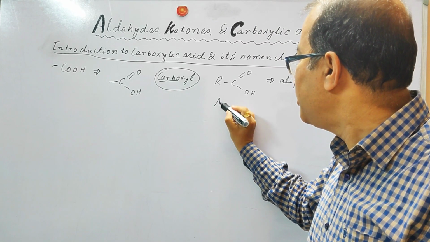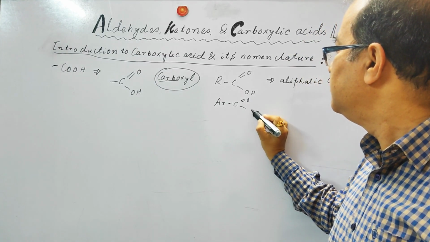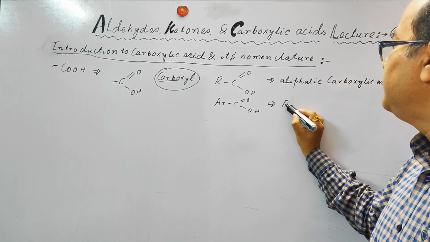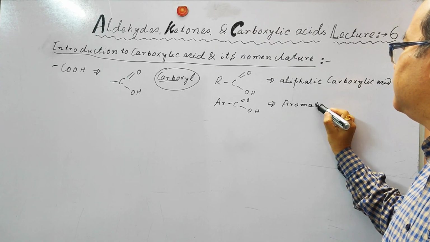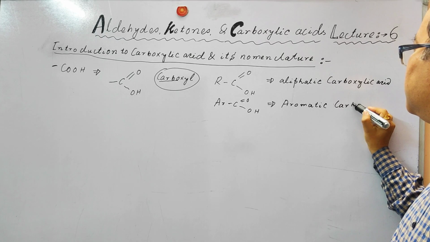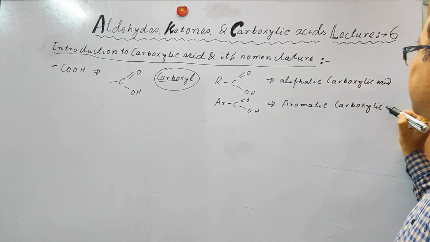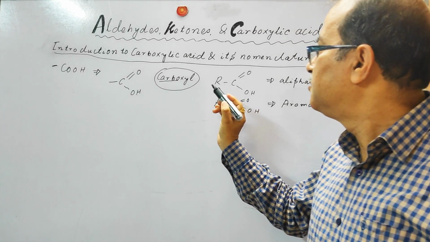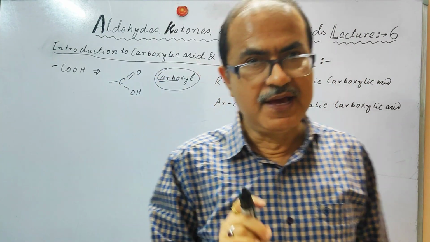Now, when it is joined to an aryl group, it is called an aromatic carboxylic acid. So there are two types of carboxylic acid we can find, that is one is aliphatic and the other is aromatic.